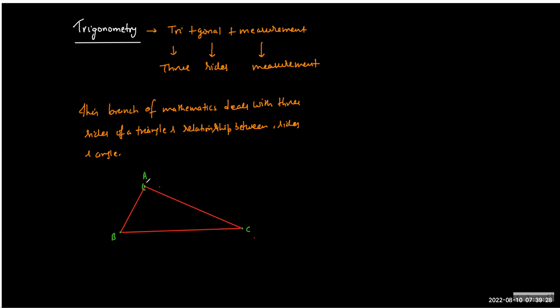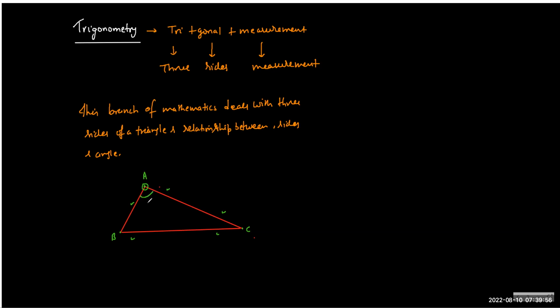So the point A is the intersection of this line and this line. B is the intersection of this line and this line. And C is the intersection of this line and this line. So in a different chapter, the perspective will change: the vertex becomes a point of intersection and the sides become lines. Okay, anyway.